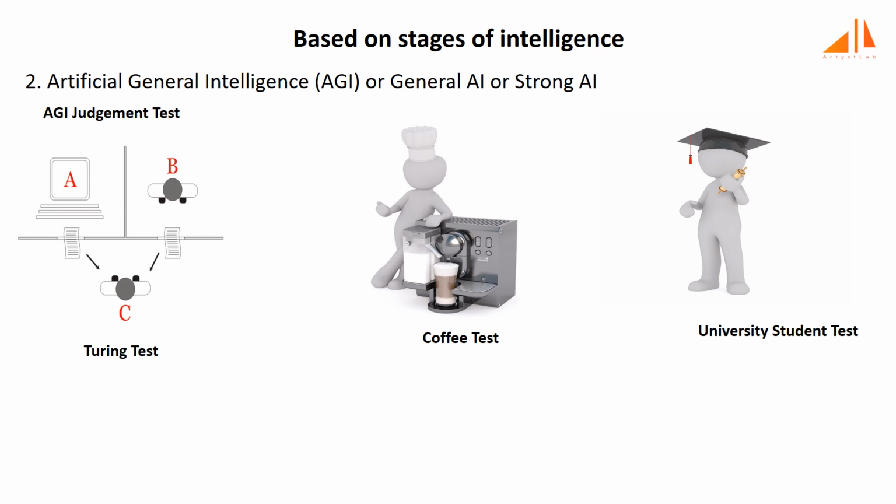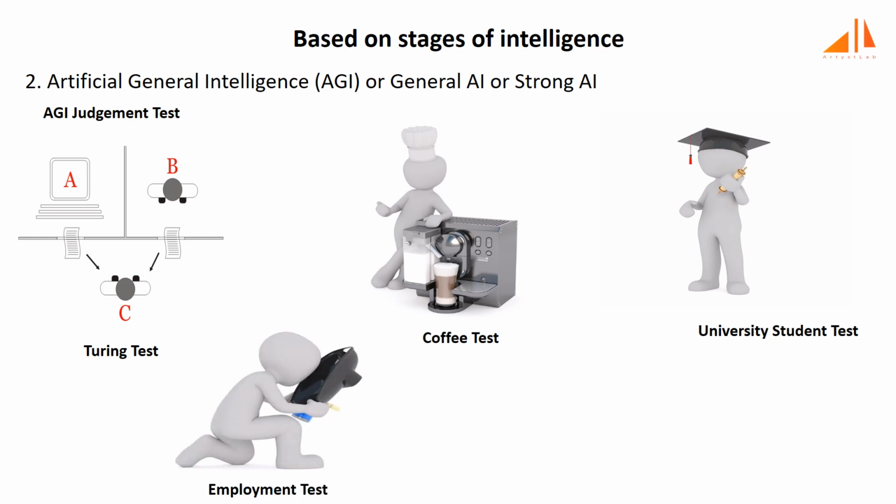University student test. This test, as suggested by the name itself, advocates an AI robot which can be enrolled in a college and can get a degree using the same resources as other students enrolled for the same degree. Employment test. To pass this test, the AI program should be able to perform jobs that are performed by humans. An AGI can be evaluated based on measurement of accomplishment of the tasks that are performed by the AI machine.